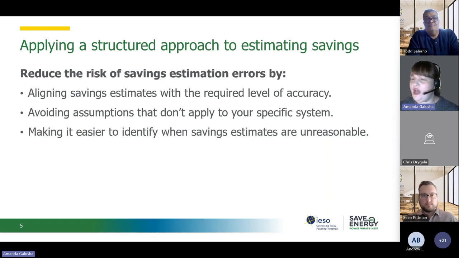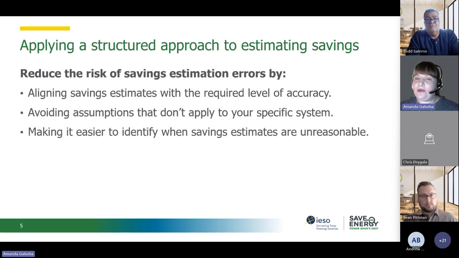Not all projects need the same level of detail, so you should tailor your analysis to match the stakes. For larger projects, a high level estimate might not be enough. For larger, more impactful initiatives, dive deeper into data to ensure accuracy. Avoid over or under analyzing and aim to strike the right balance.